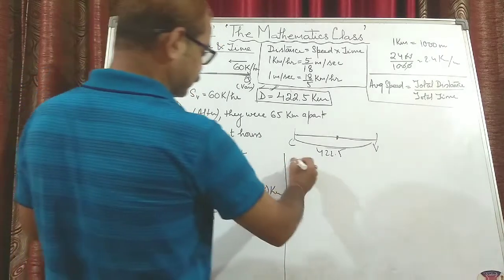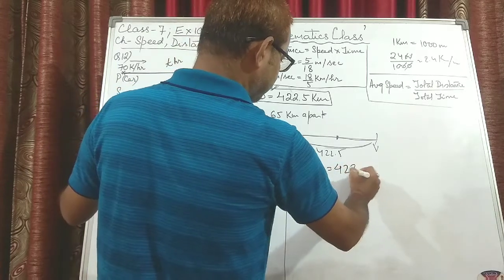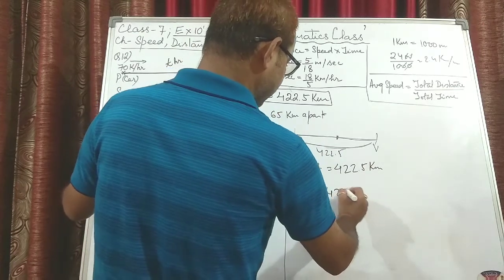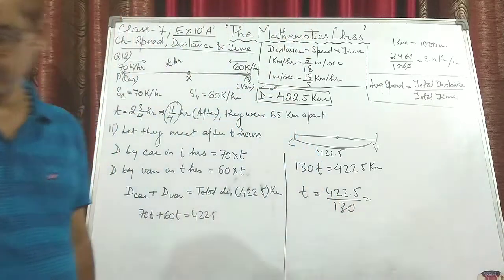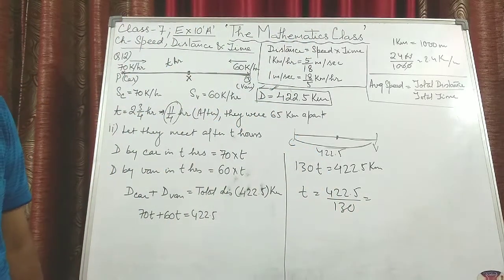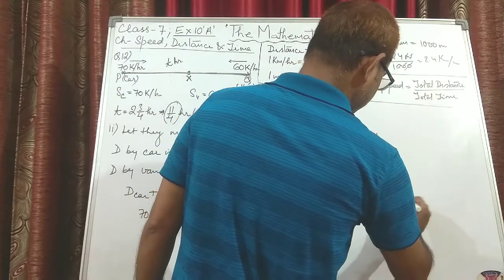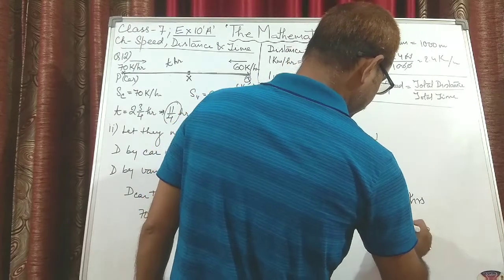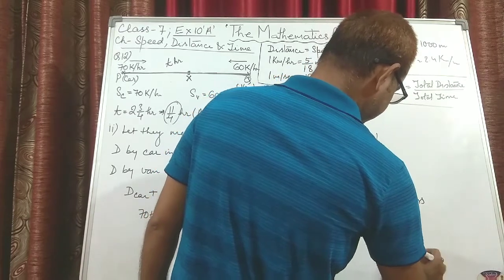70 and 60 give 130t equal to 422.5 kilometers. So t will be 422.5 upon 130, and when you solve it, 422.5 divided by 130, you will get 3.25 hours. 3.25 hours means 3 and 1/4 hours, or you can say 3 hours and 15 minutes.